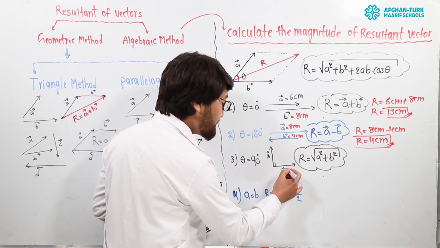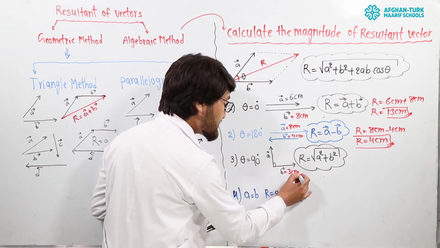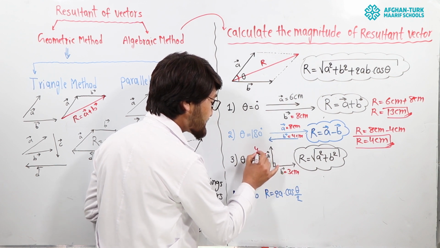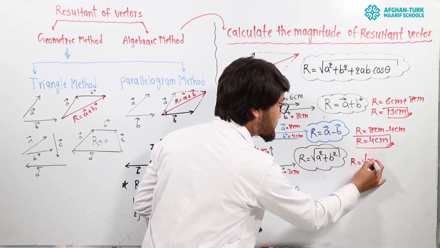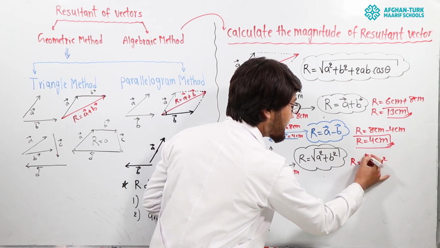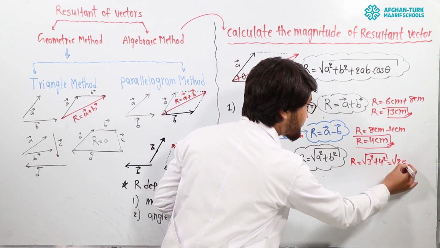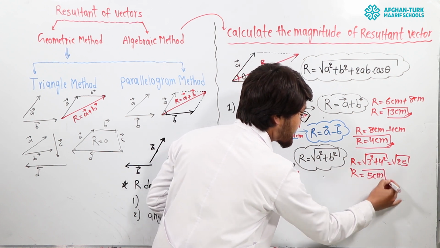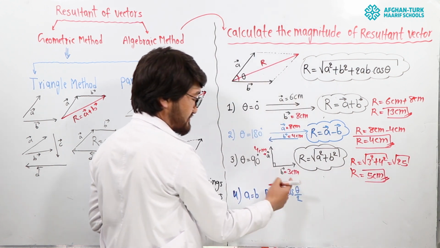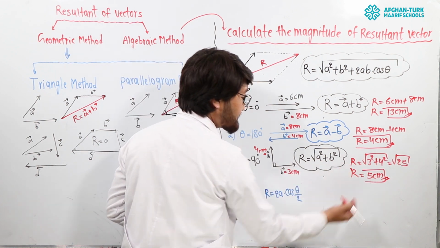For example, if B is 3 centimeters and A is 4 centimeters, what's the answer? R is equal to the root of 3 squared plus 4 squared, which is the root of 25. The root of 25 is equal to 5 centimeters. The resultant of the two vectors is 5 centimeters.